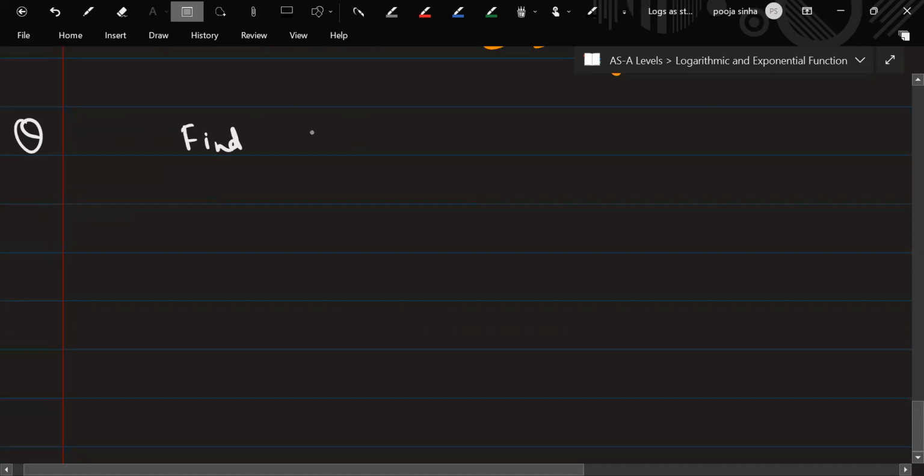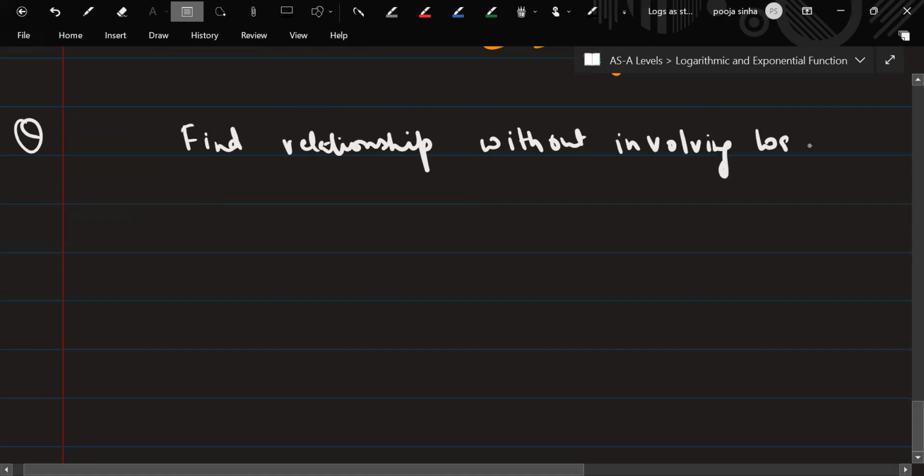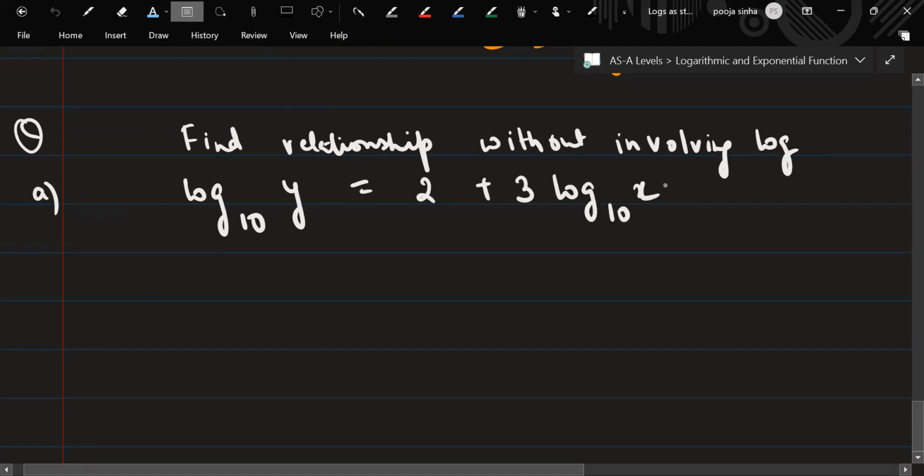Find the relationship without involving logs. So your first part: log to the base 10 of y is equal to 2 plus 3 log to the base 10 of x.